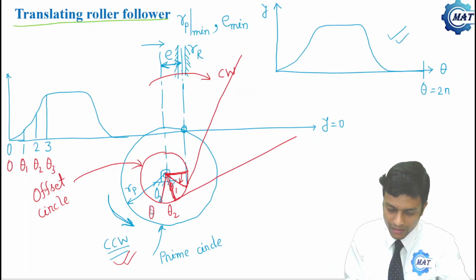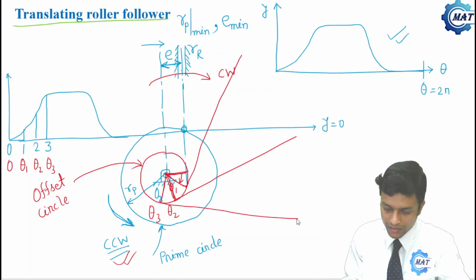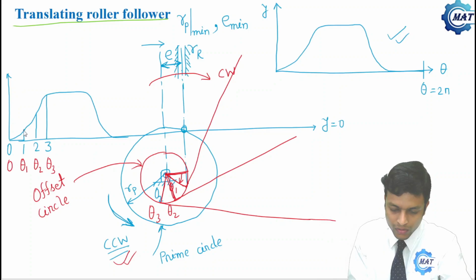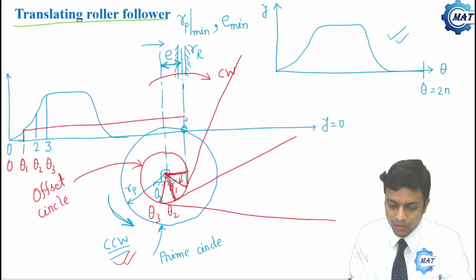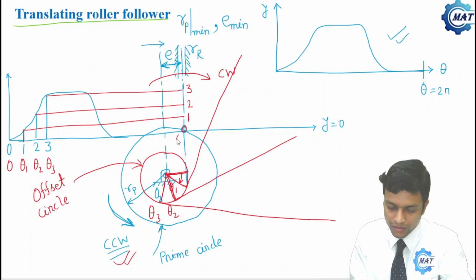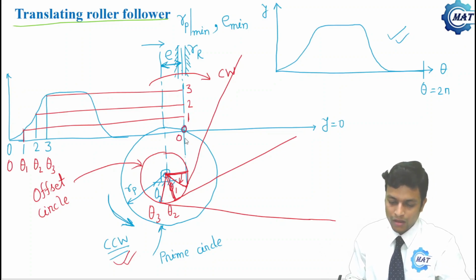Similarly, this is theta 3 and we shall draw the tangent. Now we will project these heights, that is, this is y1, to the follower axis. So this is corresponding to 1, 2, 3, and this point is corresponding to 0.